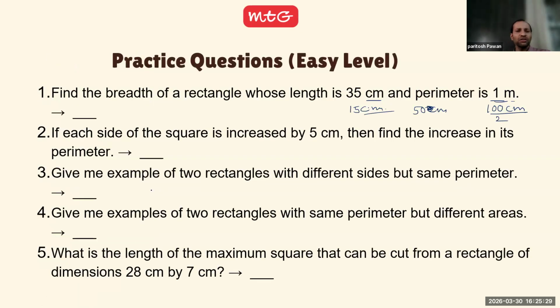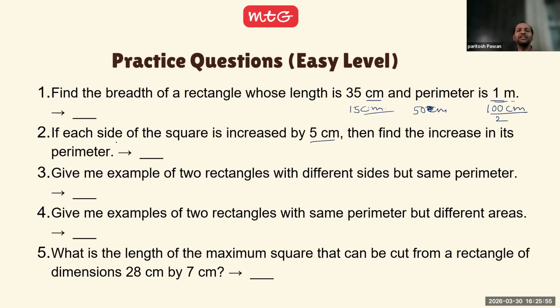So second question, if each side of the square is increased by 5 centimeter, then find the increase in the perimeter. Okay, they have not given any value. In such cases, you can assume any value, your wish. Based on that you can find out.